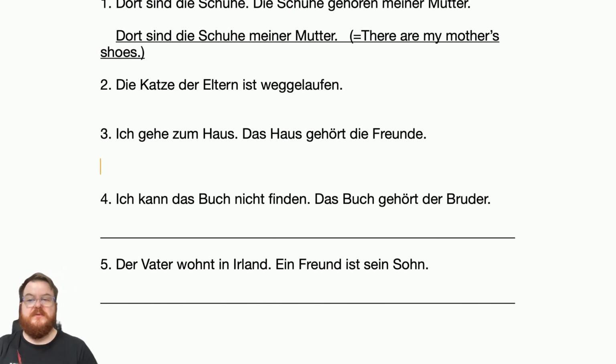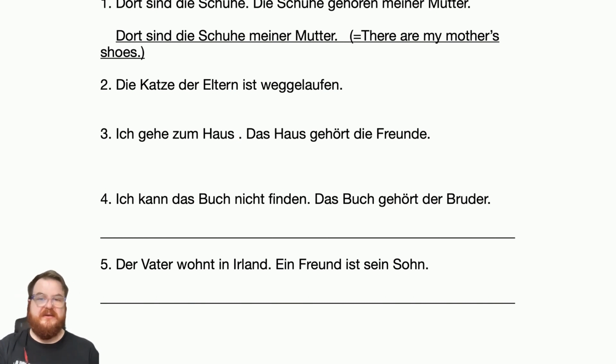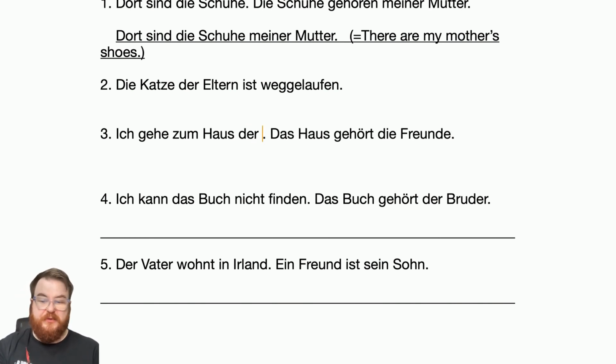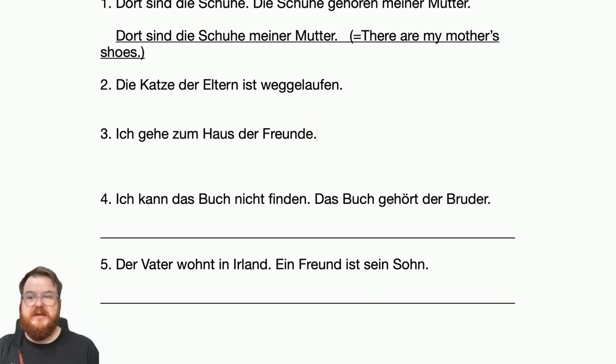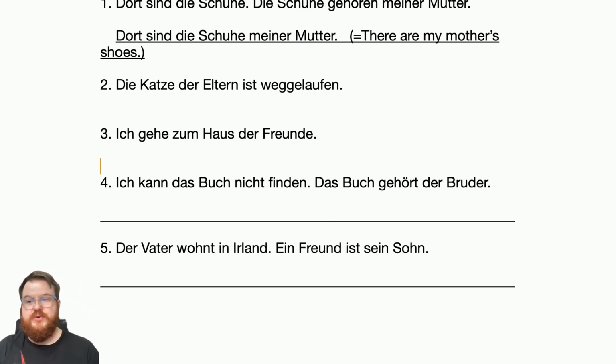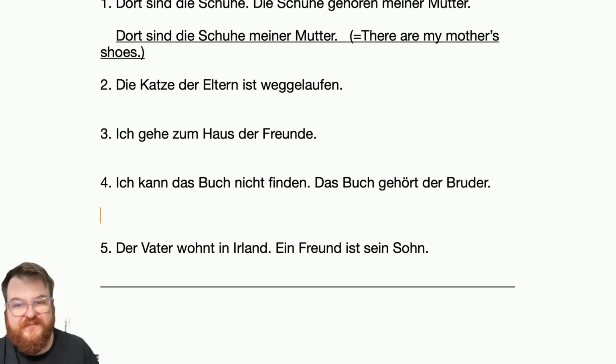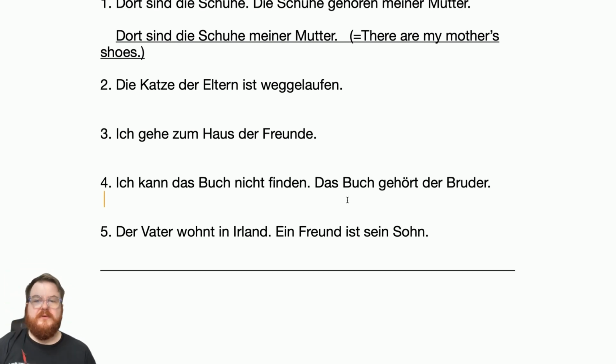Ich gehe zum Haus. And we want to put in the genitive afterwards. Freunde is plural. There's no noun ending. So we just pop it in right there. Ich gehe zum Haus der Freunde. I go to the house of the friends. And then Nummer 4. Ich kann das Buch nicht finden. The book belongs to the brother.